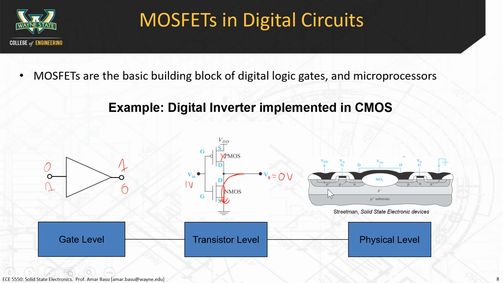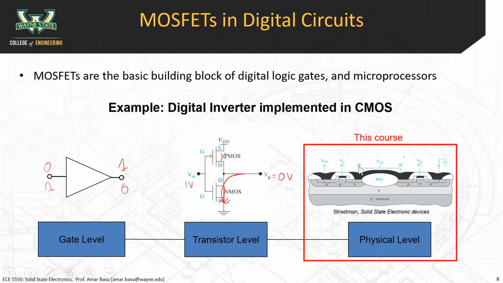So this type of transistor level stuff is typically discussed in mixed signal, analog signal, or digital circuit design courses. In this course, we look at the physical level, so we're just going to be talking about the material properties of the diode. We're going to look at the physical structure of it, and we're going to basically calculate some of the essential operating characteristics that are used by the circuit designers when they do their transistor level designs.